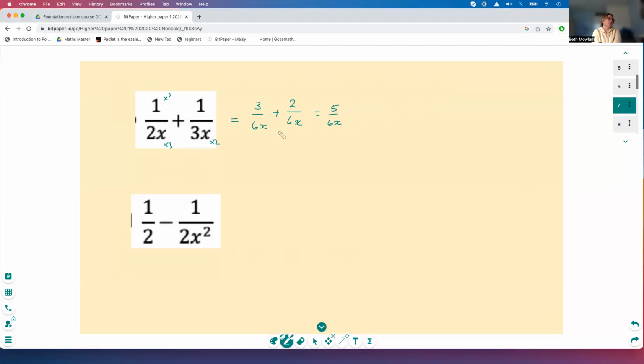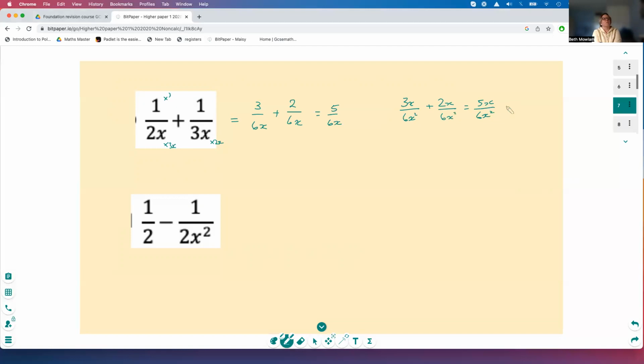Now, if I'd done it with 6x squared, so if I'd timesed the two together, I'd be timesing that by 3x and that by 2x. I would have ended up with 3x over 6x squared plus 2x over 6x squared, which is 5x over 6x squared.